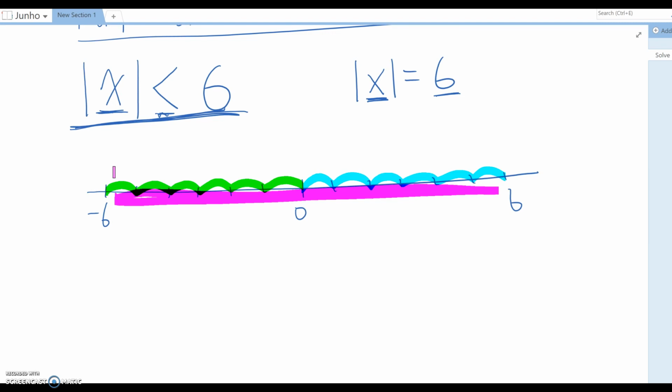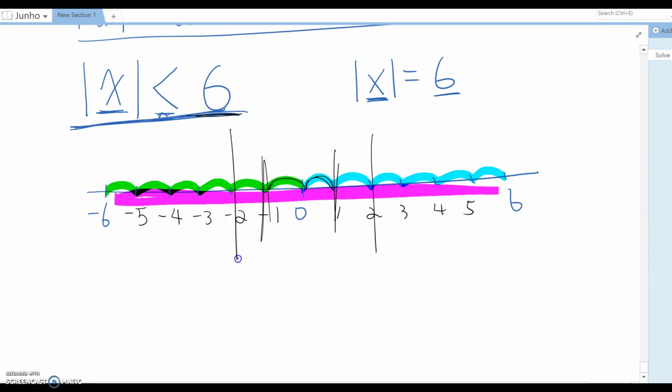They can be integer values, negative 5, negative 4, negative 3, negative 2, negative 1, and then 1, 2, 3, 4, 5, those values. Then it is true because this one can be only 1 unit, which is definitely less than 6 units.